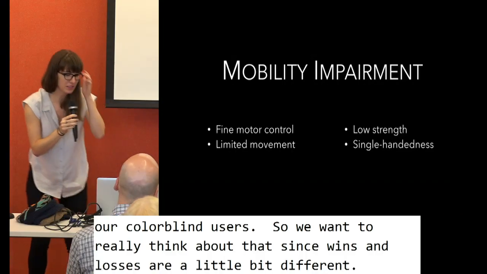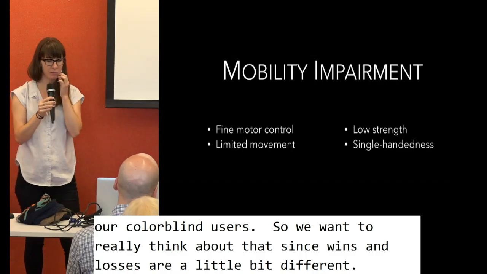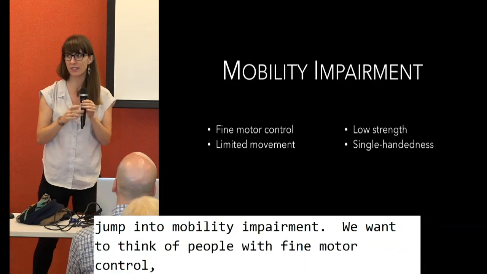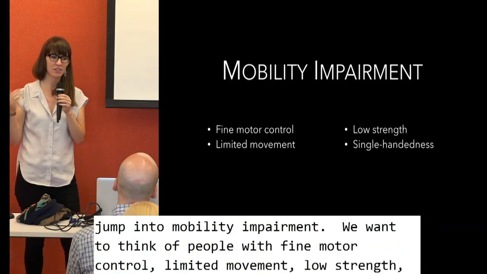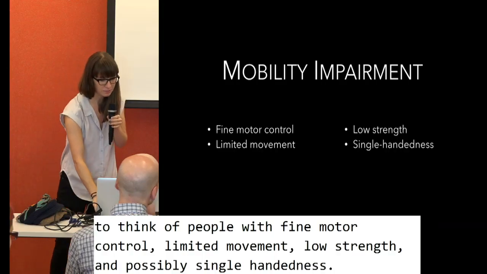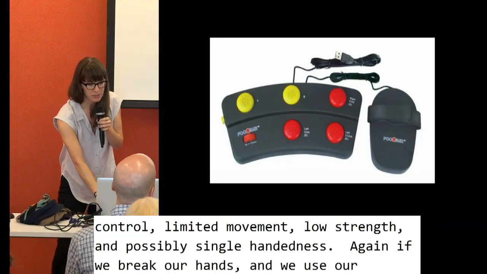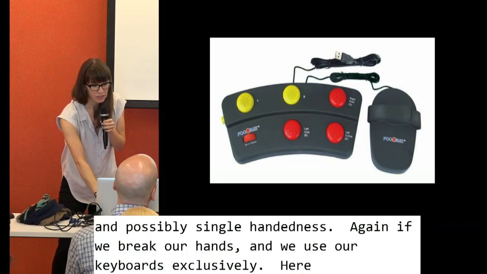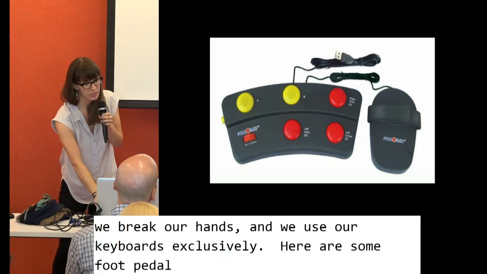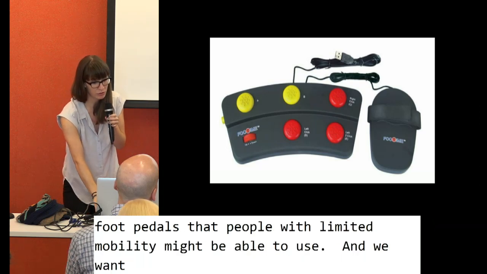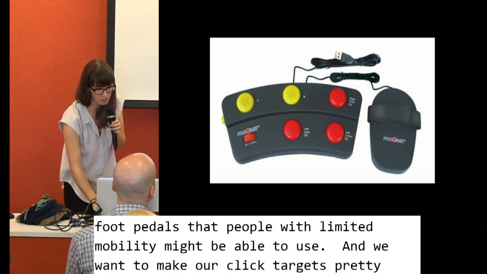Let's jump into mobility impairment. We want to think of people with fine motor control, limited movement, low strength, and possibly single-handedness. Again, if we break our hands, we use our keyboards exclusively. Here are some foot pedals that people with mobility impairments may be able to use. And in this case, we want to make our click targets pretty big so that we can aim correctly at elements on our screen.